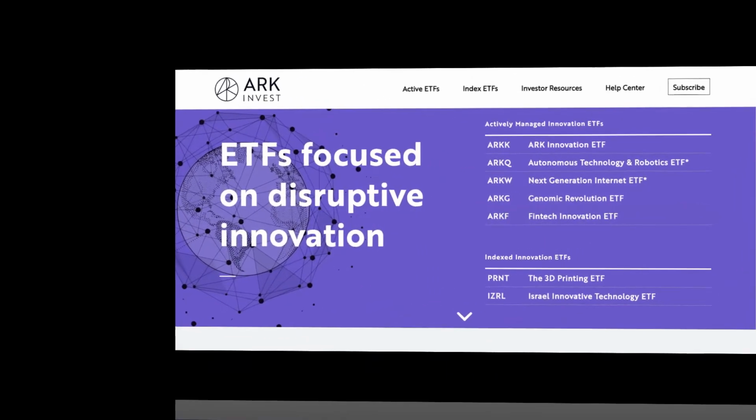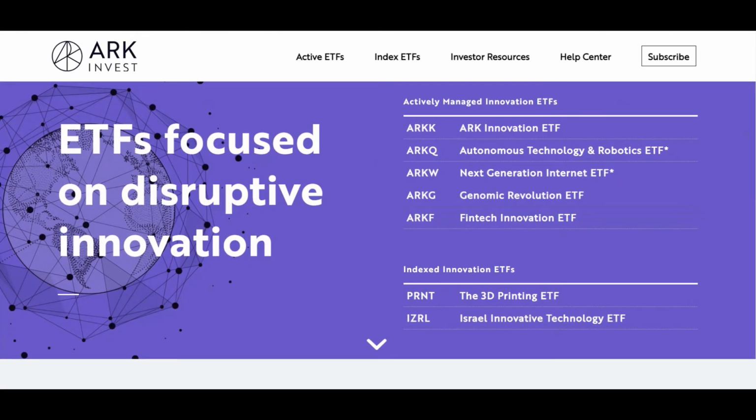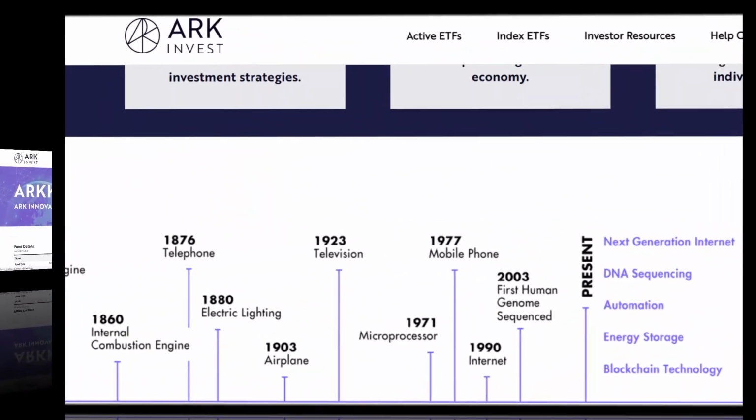So from a traditional mindset with Warren Buffett, I thought it was only necessary to talk about the future, and ARK Invest do play a role in that. Currently, ARK Invest basically have a range of ETFs that are focused on disruptive innovation, which is quite interesting. It's interested me to see the companies that they have focused their investments on.